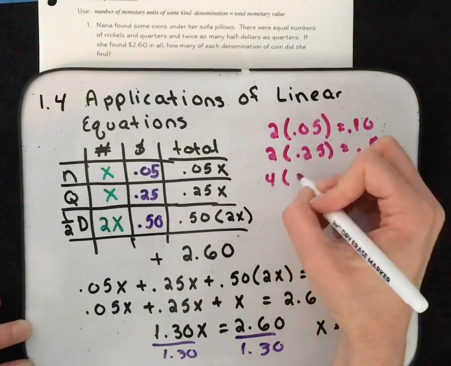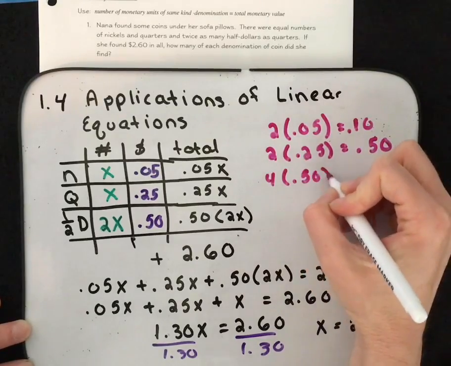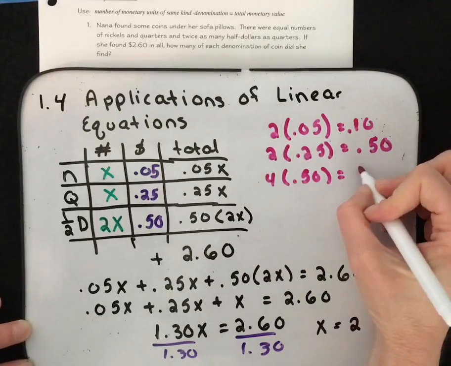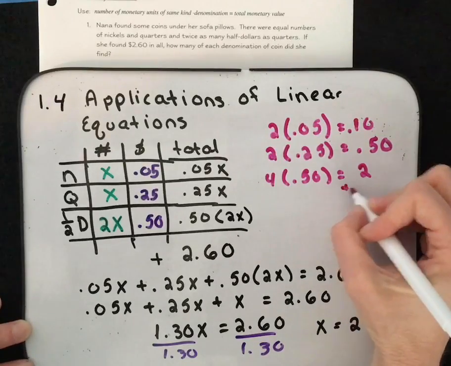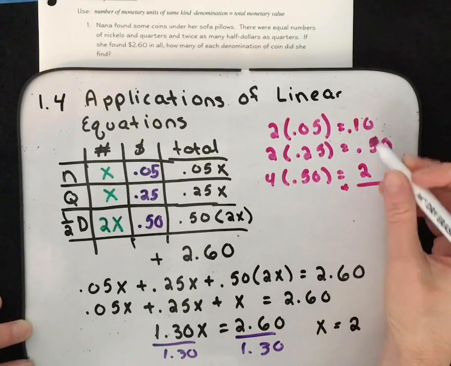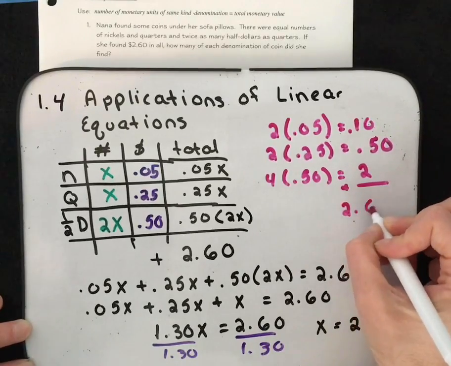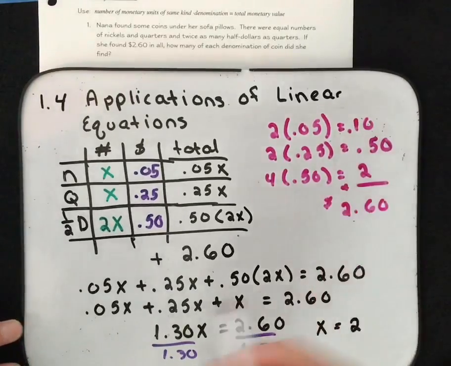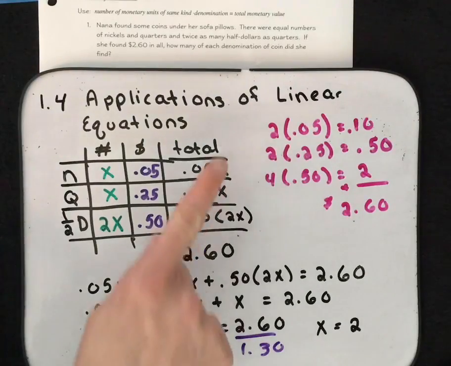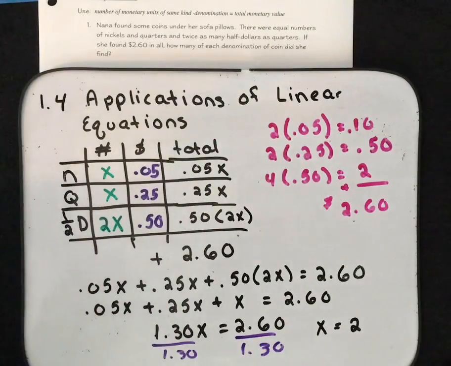So if we had 4 half dollars, that would give us $2. Adding these together, 10 cents plus 50 cents plus $2 gives me $2.60. So that means it looks like we have 2 nickels, 2 quarters, and 4 half dollars.